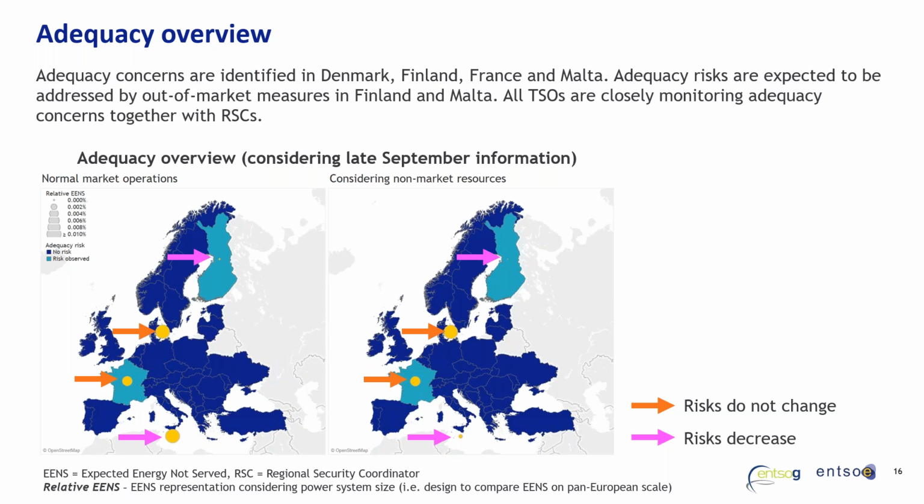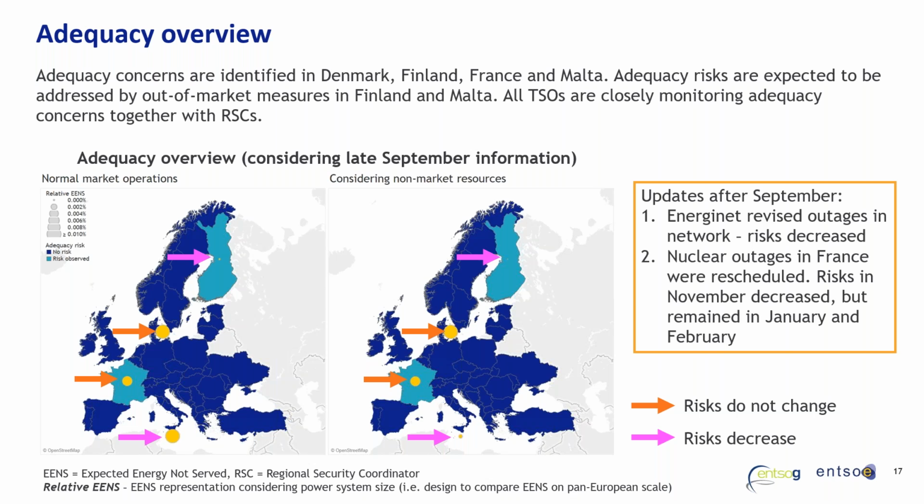So whenever there is supply scarcity in the markets, the TSOs have to look for exceptional measures to cope with it. Whereas in the other 2 countries, namely Finland and Malta, the risk decreases substantially. Even though in Finland it's a relatively small risk, the risk still decreases because there are some non-market resources in those countries. Next slide, please.